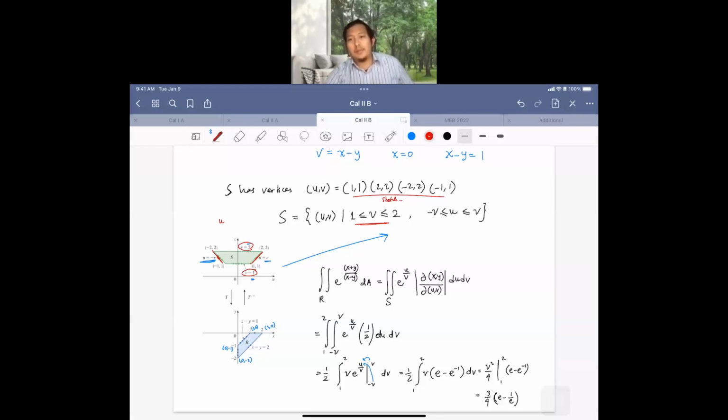So I believe the procedures you need to make sure of are sketching the vertices or the lines, these equations, and then making appropriate transformations, considering the Jacobian value, evaluating it, and putting it into the double integral or even triple integral that you have, and then you can compute.